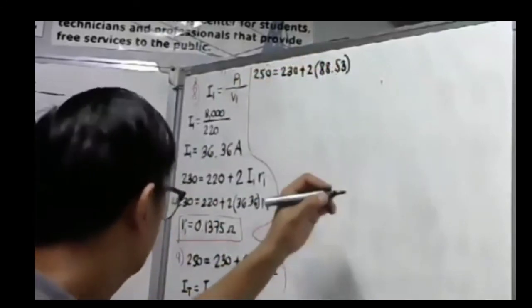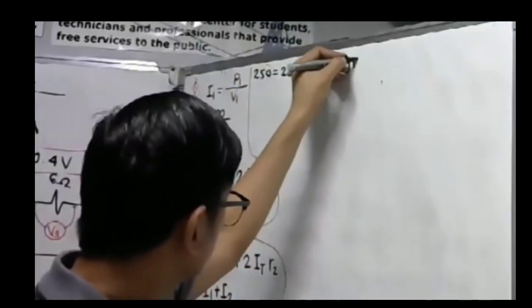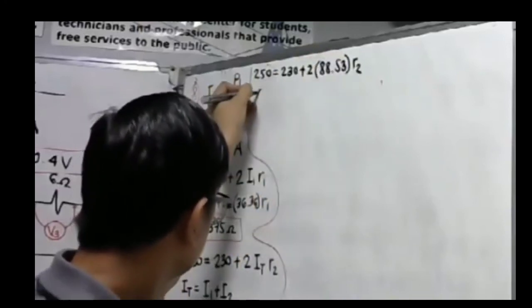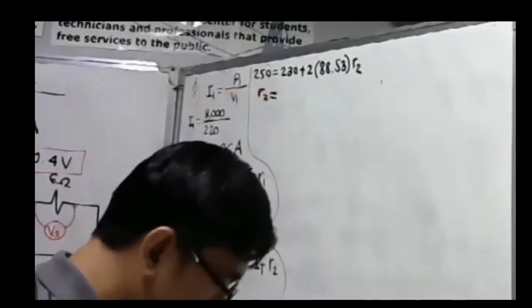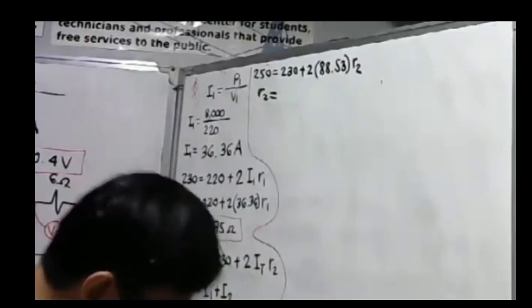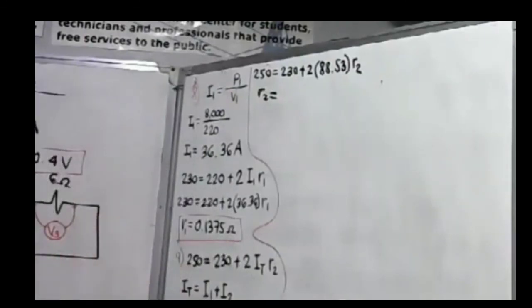Then we have here our R2. So our R2 now will be equal to what? Let us shift solve this equation. 250. Then press alpha calc 230, then plus 2 times 88.53.